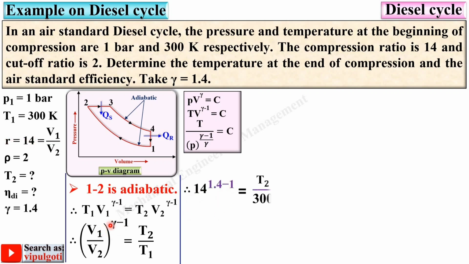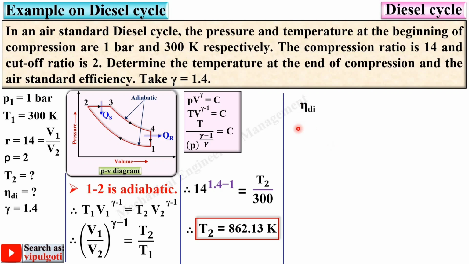So put it over here. Gamma is also given, and this is equal to T2 by T1. Here T2 is your objective and T1 is given to you as 300. So simplify this equation so that you will get T2 as 862.13 Kelvin. You know that temperature is always in Kelvin. So this is your first answer. So make a box.